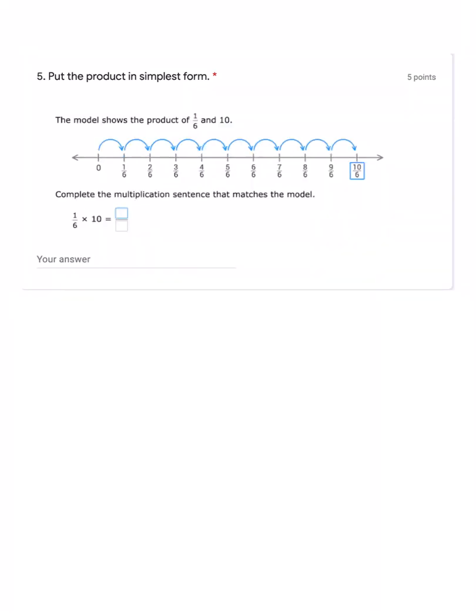For number 5, I'm going to let you solve this one on your own, but I'm just going to give you a reminder to make sure to put your answer in simplest form. If the numerator and the denominator of your fraction have a factor in common, then you need to divide by that factor that they both share in order to put the fraction in simplest form.